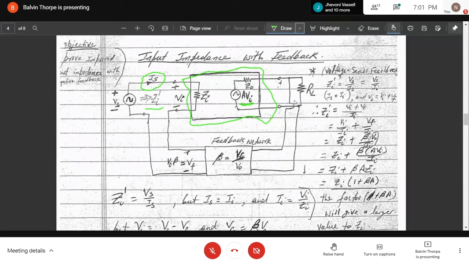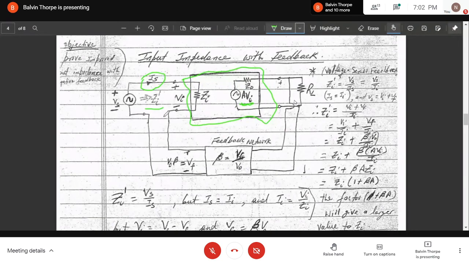We realize that II is the only current going into the amplifier, so IS will equal II. There's no other current we're thinking about, just the input voltage.